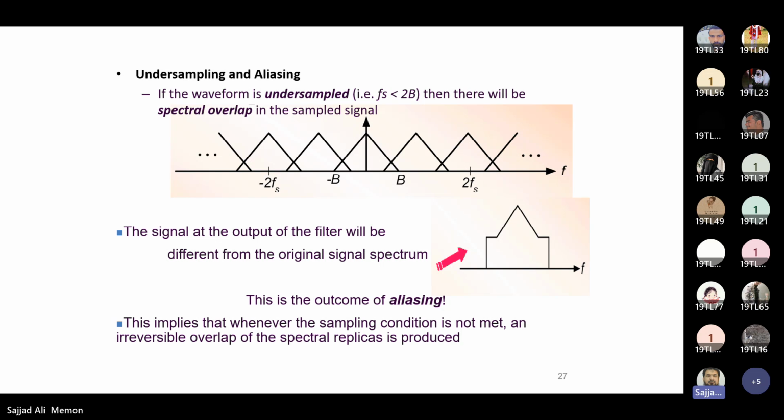So this may be the case when we have chosen a sampling frequency exactly equal to 8 kilohertz or less than 8 kilohertz, and there is a frequency component available in the signal whose frequency is like 4 kilohertz, or 3.8 or 3.9 kilohertz.